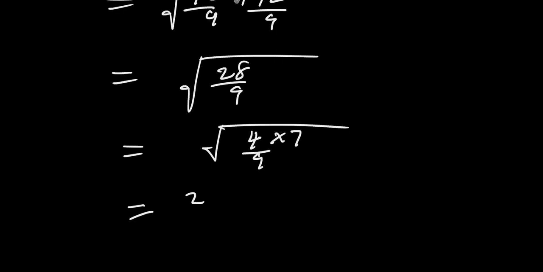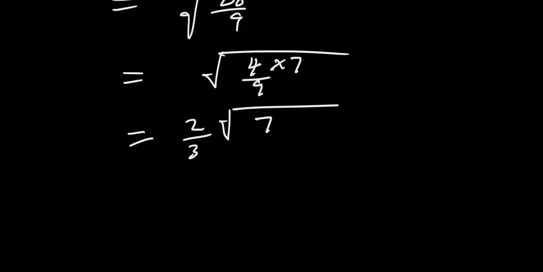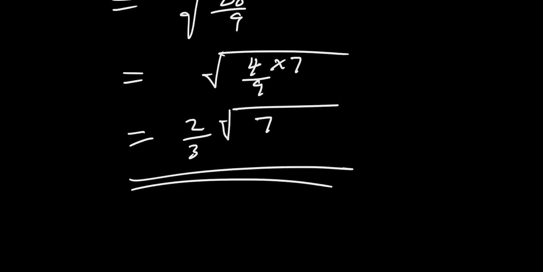The square root of 9 is 3. And so we can keep 7, not 6. Keep 7 in the radical sign. So this is the final answer to this question, and I hope it makes some sense. All right, let's go on to the next one.